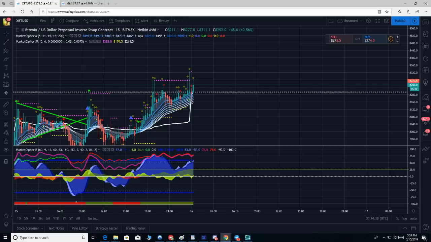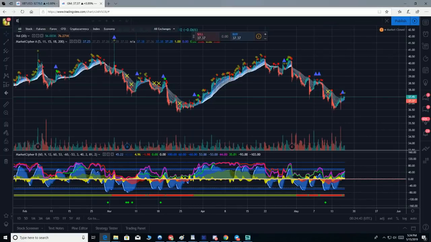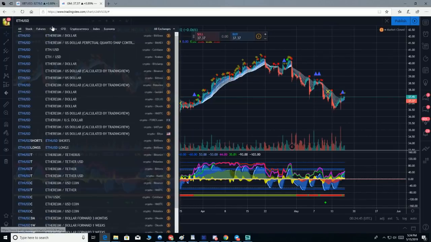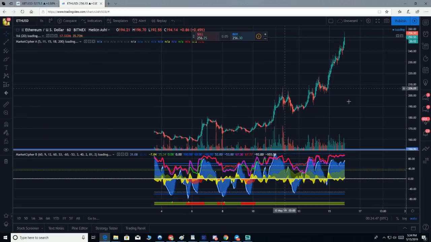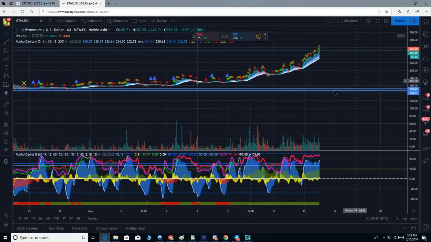What's going on with ETH right now? 255. Boom! My ETH longs are crushing it. Yeah, we are on fire.